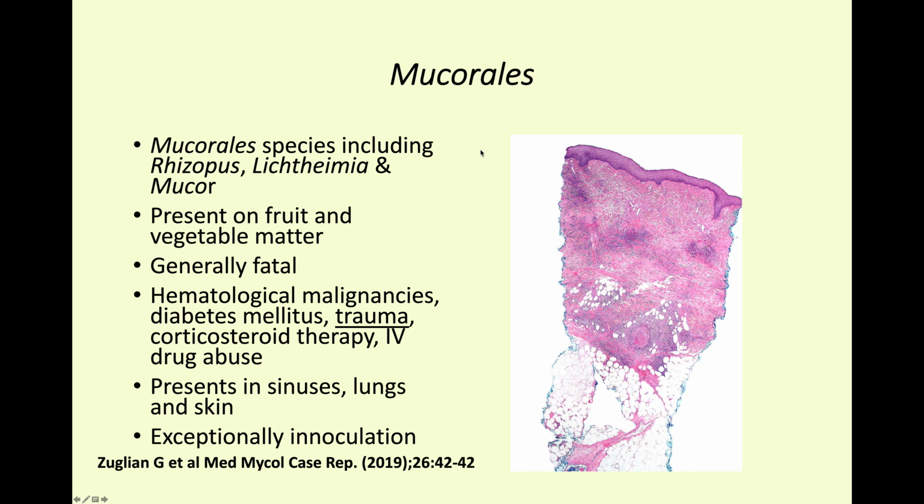And lastly, I just wanted to touch on Mucorales species, which includes Rhizopus, Mucor, and so on. And again, these are ubiquitous fungi. They're present on fruit and vegetable matter. And mostly when we see them, the patients are extremely ill, and the disease is generally fatal.